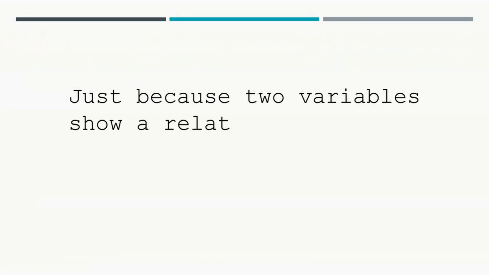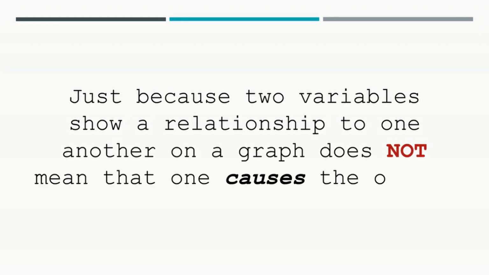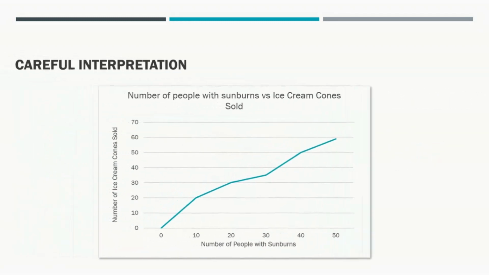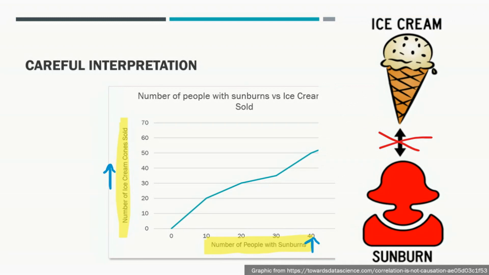Just because two variables show a relationship to one another on a graph does not mean that one causes the other. So even though the number of ice cream cones sold increases when the number of people with sunburns increases, that does not mean that ice cream cones are causing people to get sunburns, or vice versa, right?